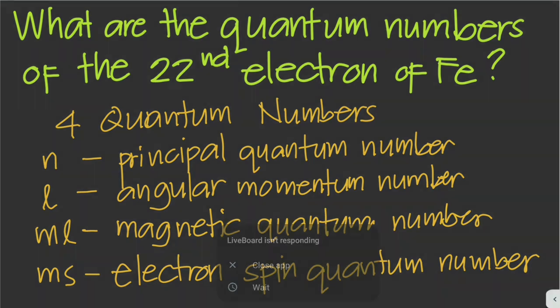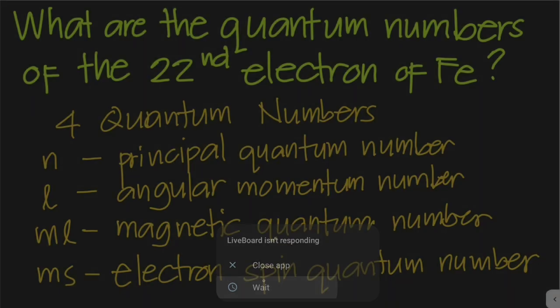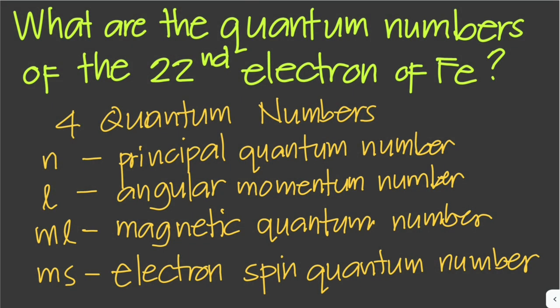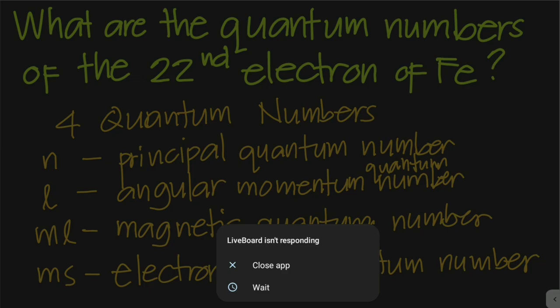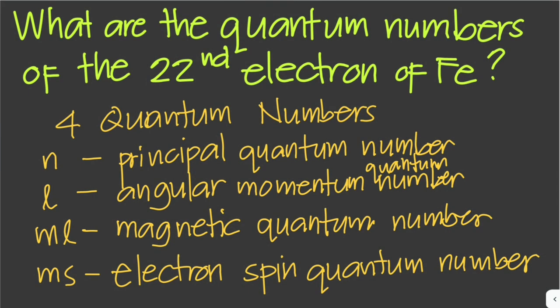Then we have the angular momentum quantum number, denoted as L. This describes the shape of the orbital or subshell and the magnitude of the orbital angular momentum. And then we have ML, or the magnetic quantum number.